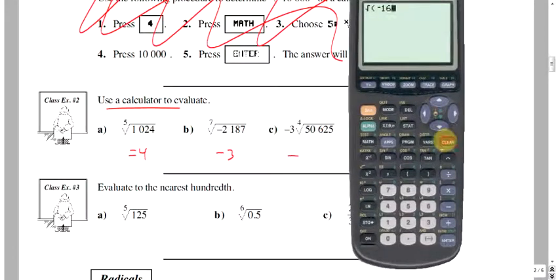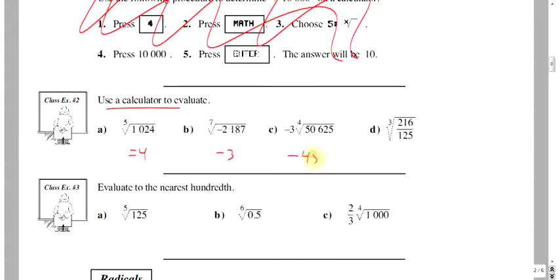Or do you want to fork out good money for a good one and just get 3 times the fourth root of 50,625? 45, but I didn't put the negative in there. This is negative 45. Okay?